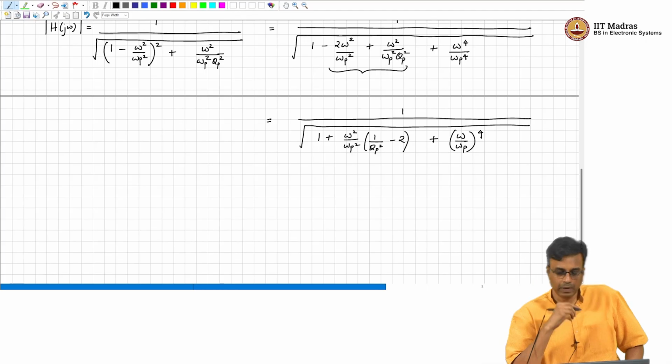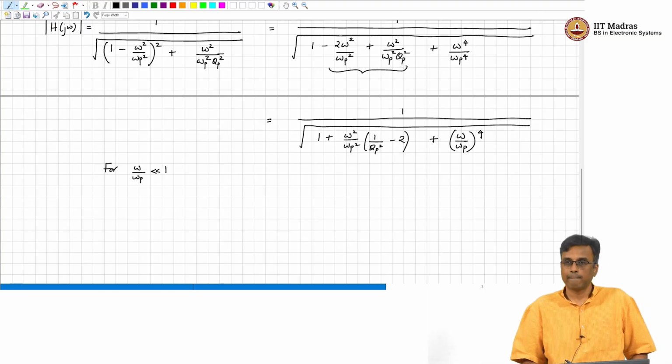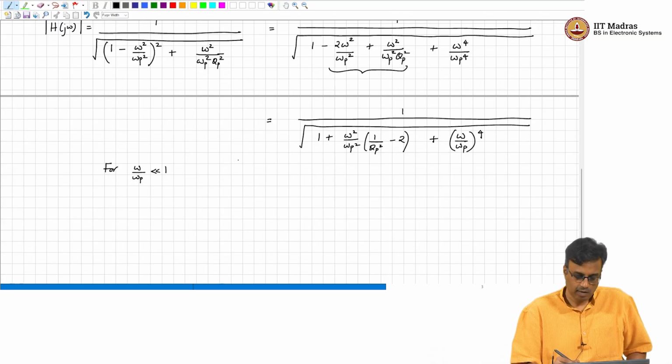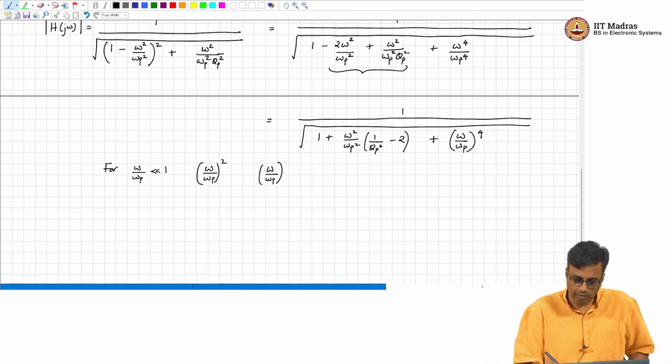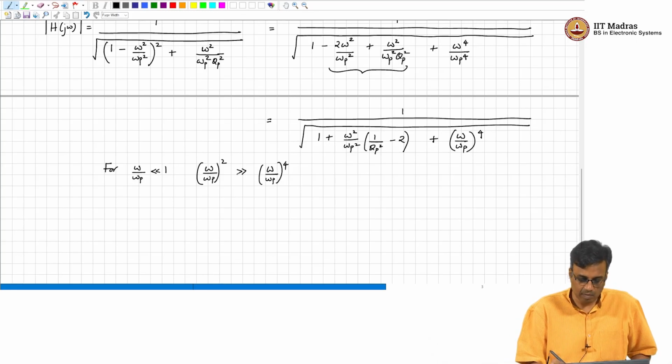Okay. So, for omega by omega p much smaller than 1, which of these two terms is larger, omega by omega p the whole square or omega by omega p whole power 4? Whole square is much greater.